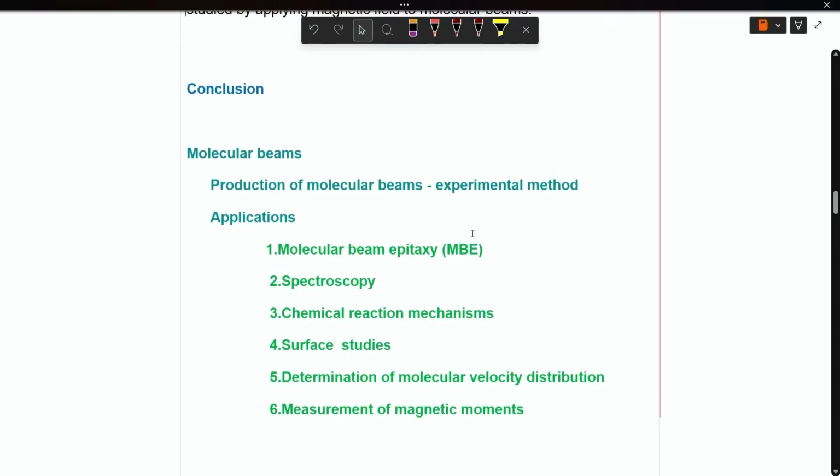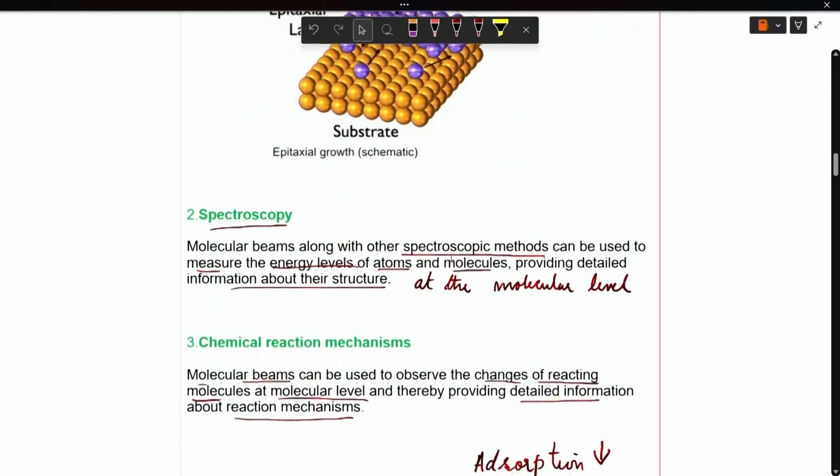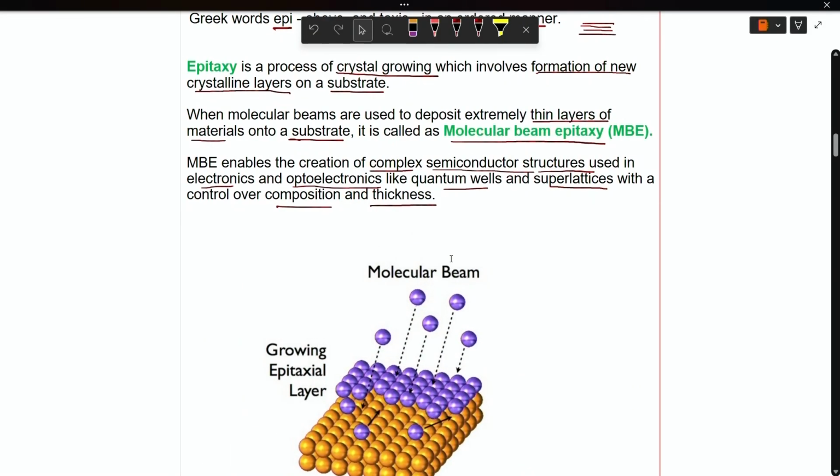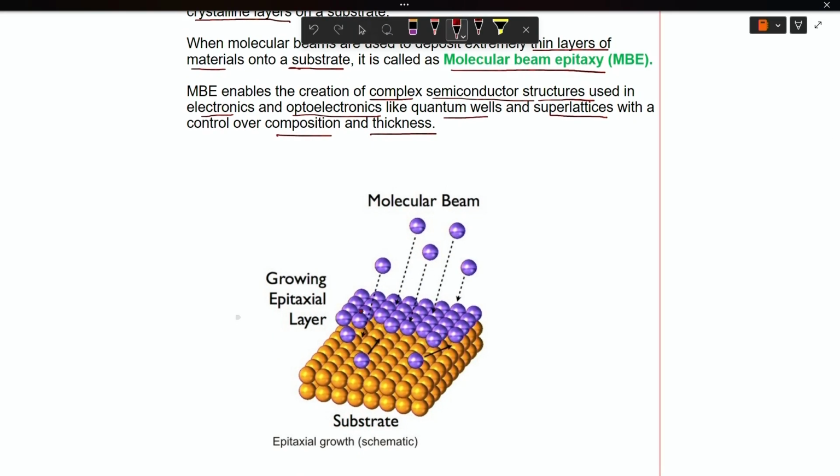That is a molecular beam experiment, and then we go for the applications. First is molecular beam epitaxy. As we have seen, it is a building up of crystal layers in which we control the thickness and the composition of the layer, by taking molecular beams.